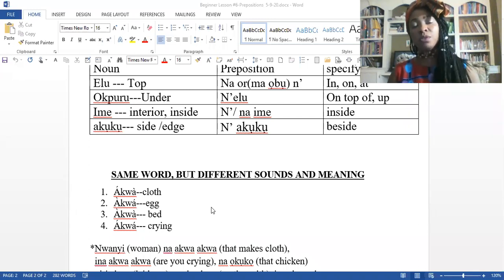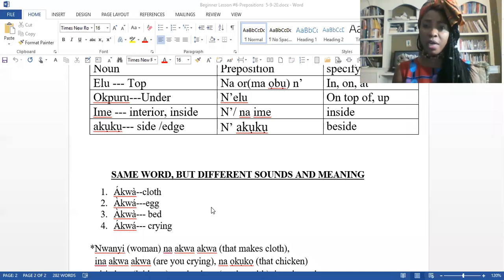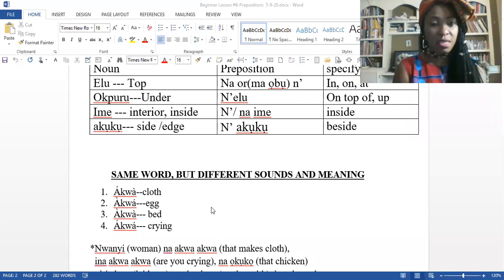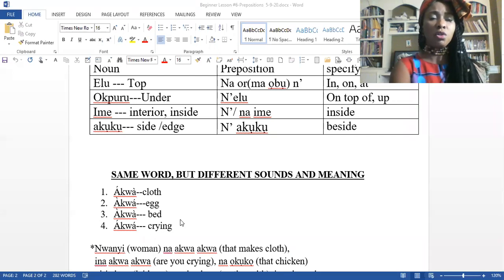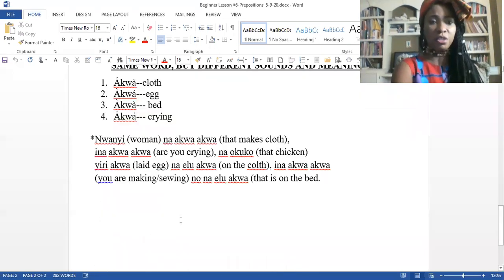So you need to gradually start practicing those words in this class, because very soon, at the end of this month, we're going to use at least 15% Igbo in this class. I know I'm speaking more English. Okay, so know the tones, know the pronunciation.